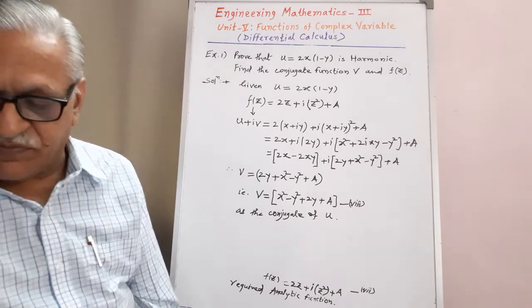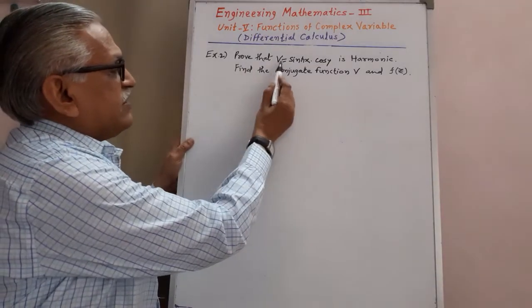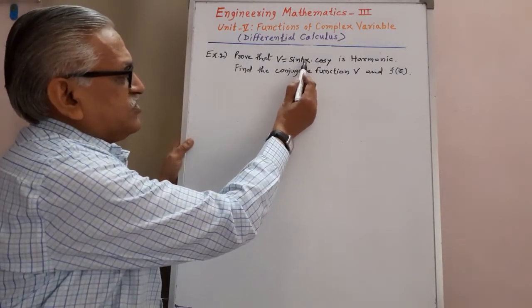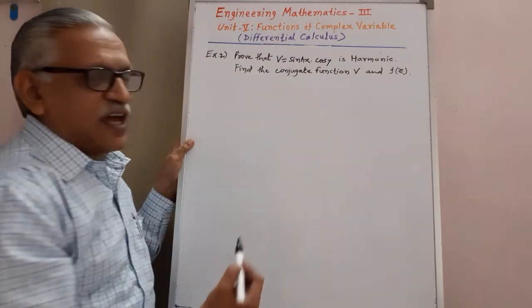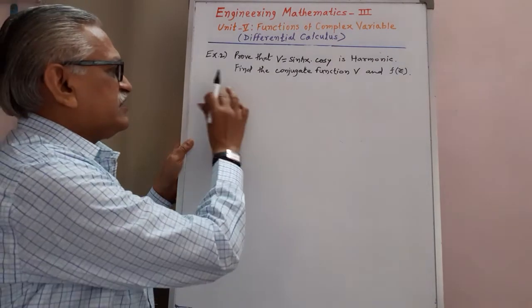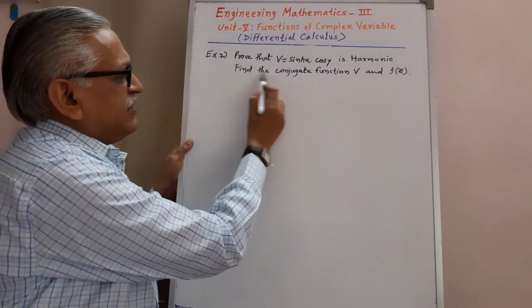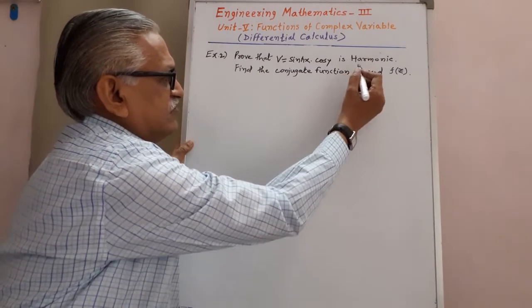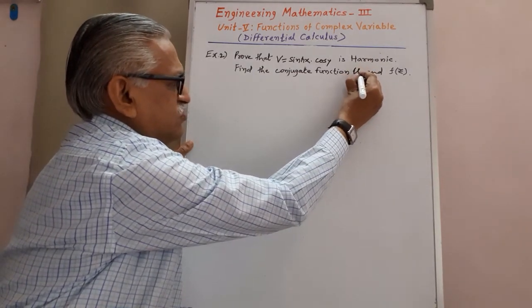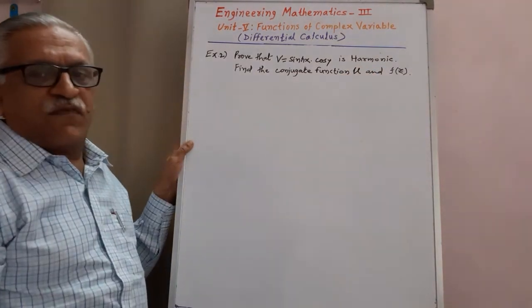One more. Second problem: prove that v equals sin hx, sin hyperbolic x into cos y, is harmonic. First part. In second part, find the conjugate function u and the corresponding f of z.